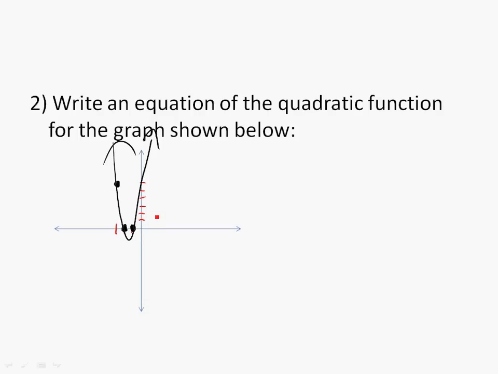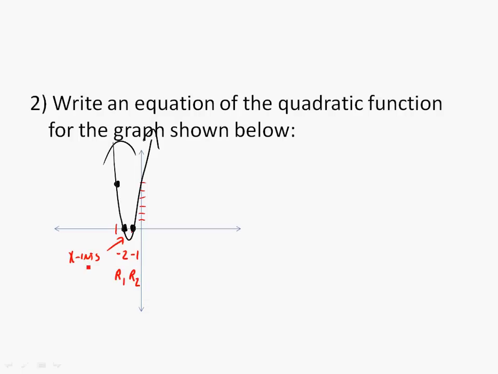So the first thing we have to do is find the information we're given from the graph. I should notice that I have the two x-intercepts here, and that they are at -2 and -1, which means that those are going to be my r1 and r2.